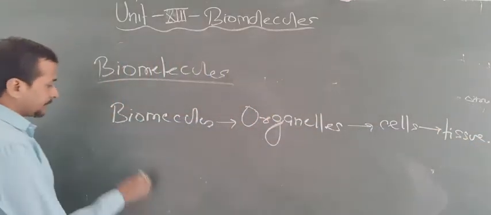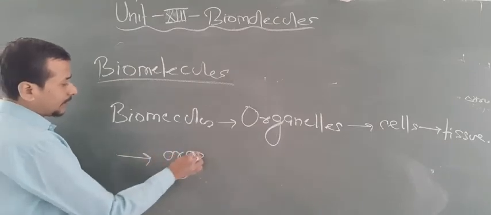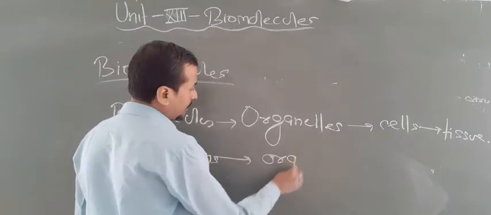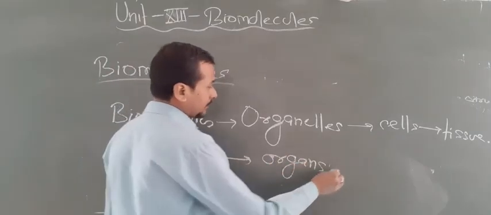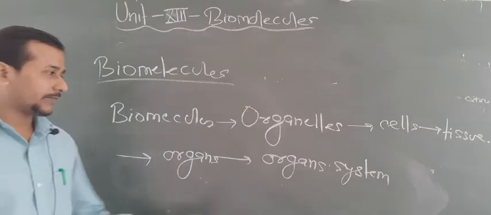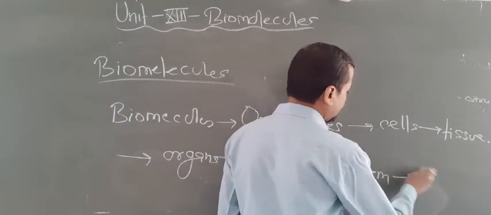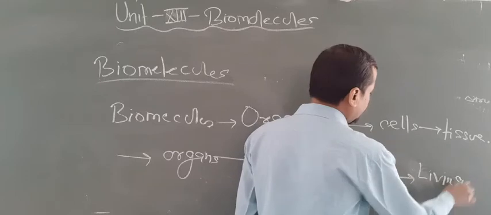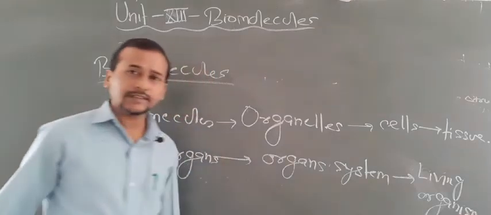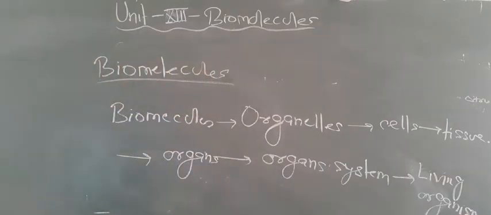When tissues combine, they form organs. When organs combine, they form organ systems, just like the digestive system, reproductive system, respiratory system, and when these systems combine, they form a living organism. So from this you can see the importance of biomolecules, okay dear students. This is the general way which shows how biomolecules are important for living organisms.